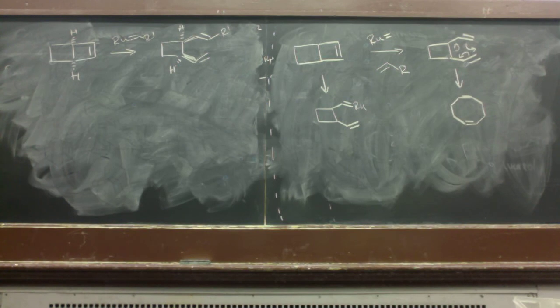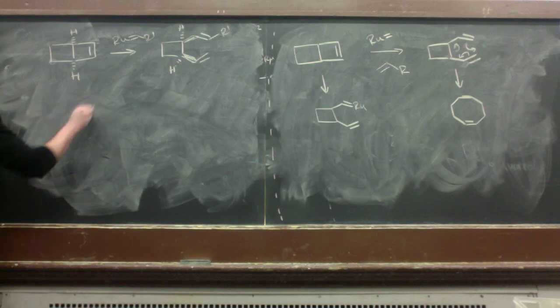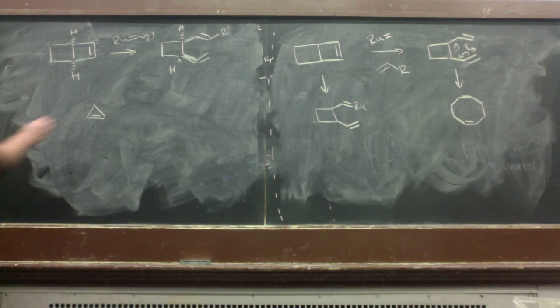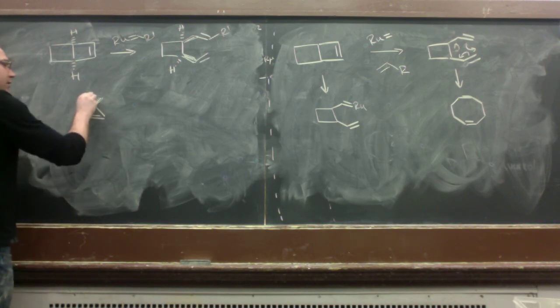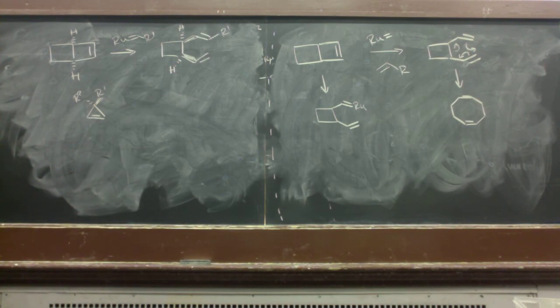I don't know if they've done it with this type of substrate, but they've done it with more strained cyclo molecules like this, where you have cyclopropene, right? If you have groups up here, this is also work that friends of mine did at Boston College. And again, they were able to use chiral catalysts to get stereochemical control.